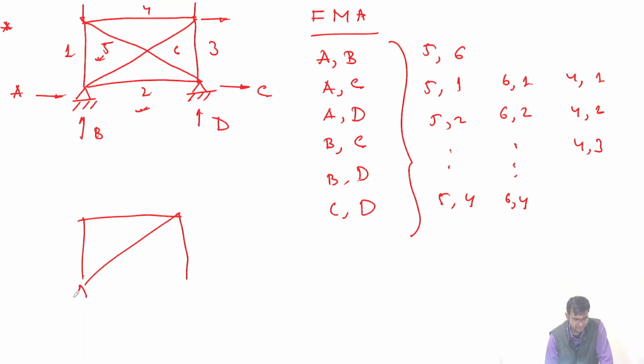Because of this loading configuration, some reaction force will come in here, and there is nothing to balance that at this joint. At this joint, you will not be able to solve it. When you equate the moments and forces, you will see that some force will come here, and there is nothing to balance it out. So it will not be in equilibrium. That's the point. Okay. Yes, you are right. This portion is actually fine. This sub portion is fine, and that will happen in many other cases.